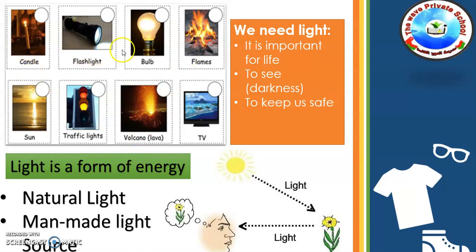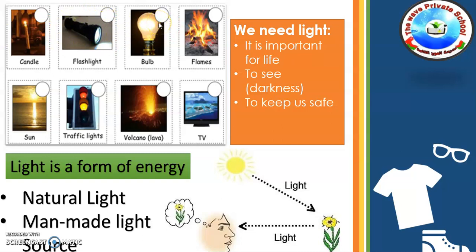Okay, I want you to go over these 8 pictures here and then tell me if it is a natural light or a man-made light source. Okay, first one we have here, candle. So candle is man-made. Flashlight is man-made.